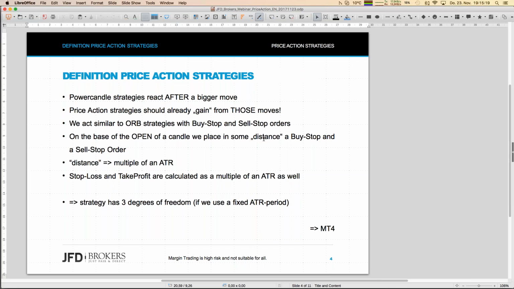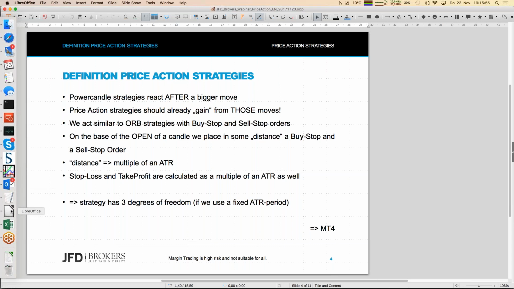So if I would go down, for example, to H1 candles, I would go for 24 in order to cover 1 day. But anyhow, I use a fixed number because I only want to use the ATR as the overall measure of volatility, but I don't want to use the ATR period as an optimization parameter within that kind of strategy.